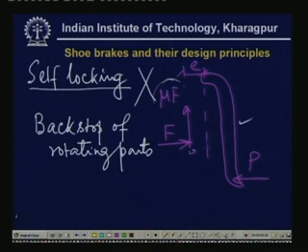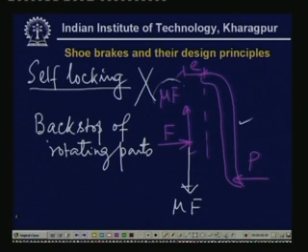Now this friction force, mu F, is in the other direction. So the entire analysis changes, and whenever it becomes self locking for the counterclockwise rotation, it cannot become self locking in the clockwise direction, and if it is non self locking in the clockwise direction, it may or may not be self locking in the counterclockwise direction.